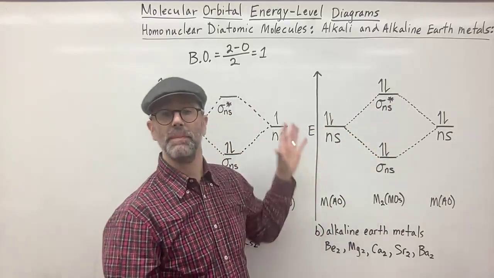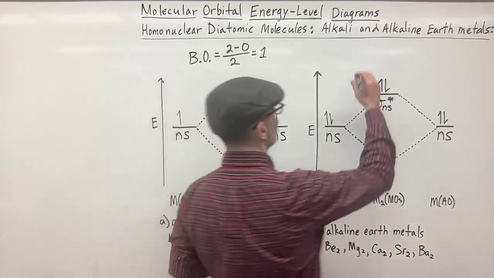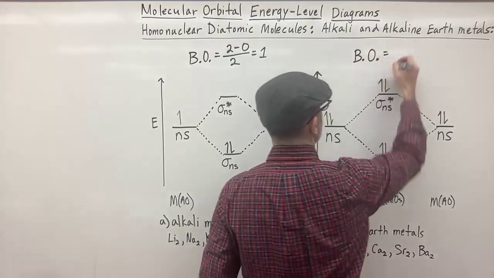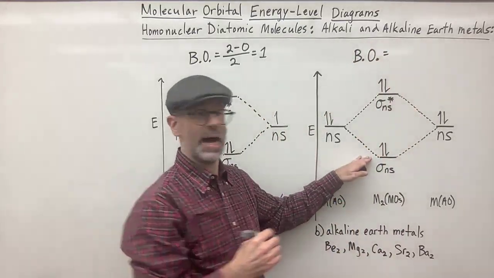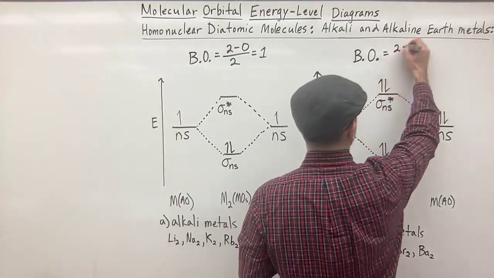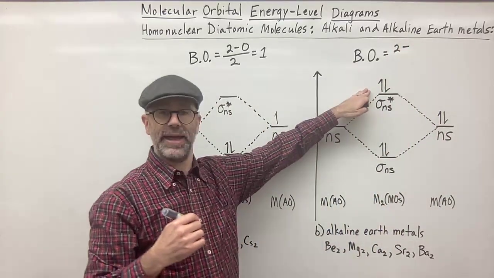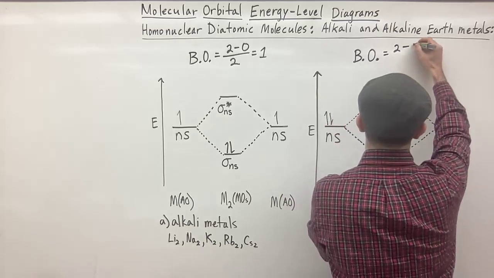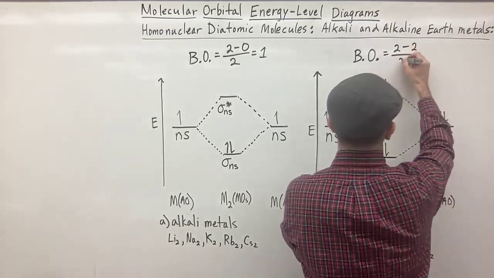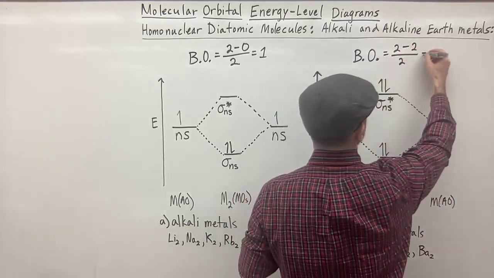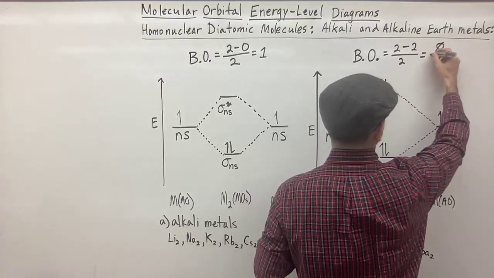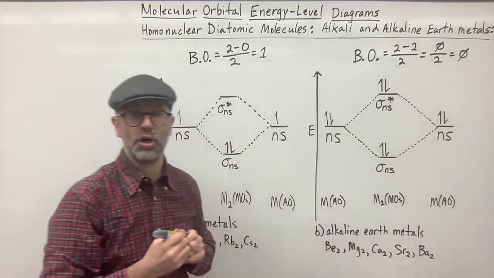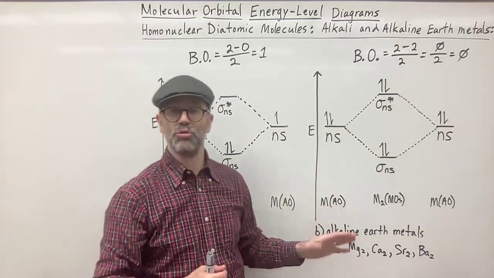So then when we calculate the bond order here, again, the number of bonding electrons minus the number of antibonding electrons. This time we have 2, and we're going to divide that by 2. 2 minus 2 is 0 over 2, which gives us 0. So the bond order for these molecules is 0.